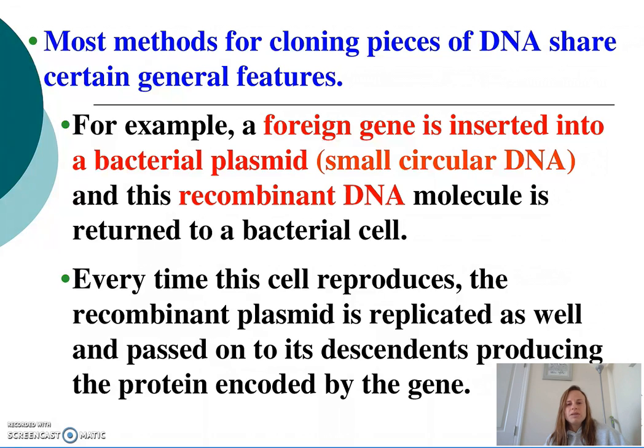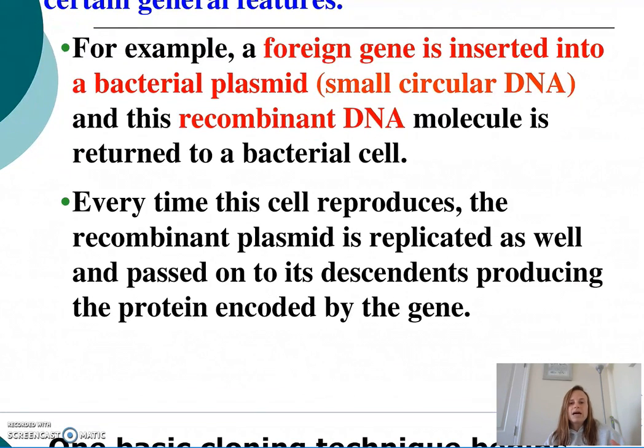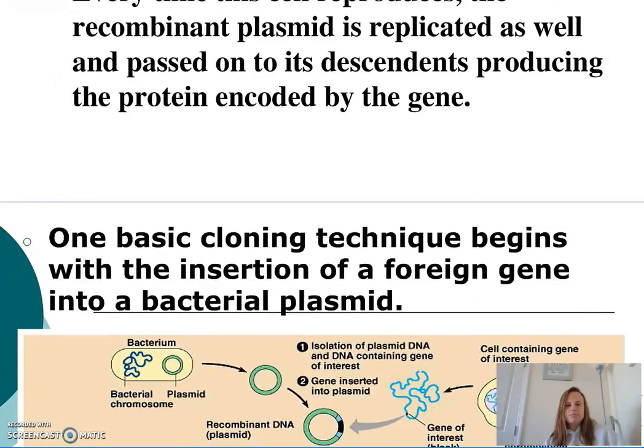And the plasmid, remember, is that small circular DNA that can be found in prokaryotic organisms, and a bacteria is a prokaryote. Now, once this foreign gene is inserted into that plasmid, it's now called recombinant DNA because it's a recombination. It's got the foreign gene and now it's got the plasmid.